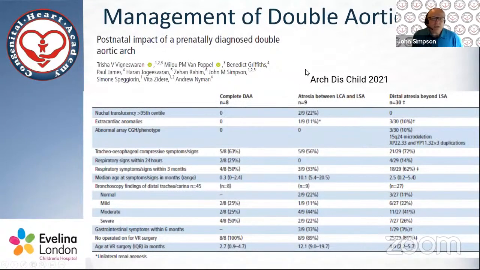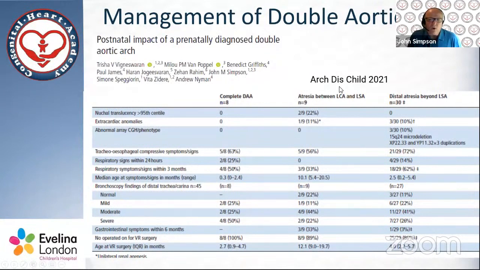Now, when we look at the double aortic arch, this is a very, very busy slide, and apologies for that. But what I want you to note is, from a very recent paper comparing the prenatal and postnatal data, the true complete double aortic arch is actually the minority of those that we identify with a double aortic arch before birth.